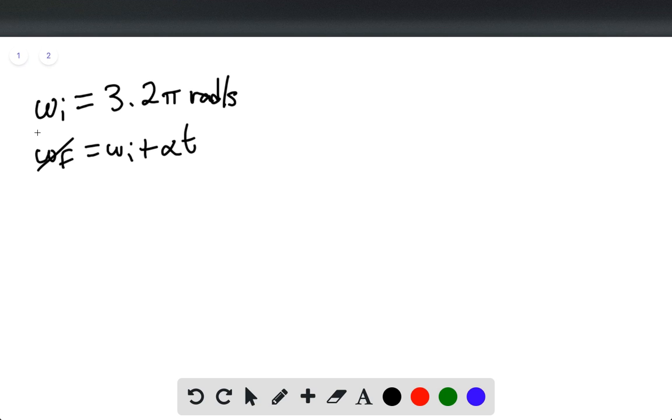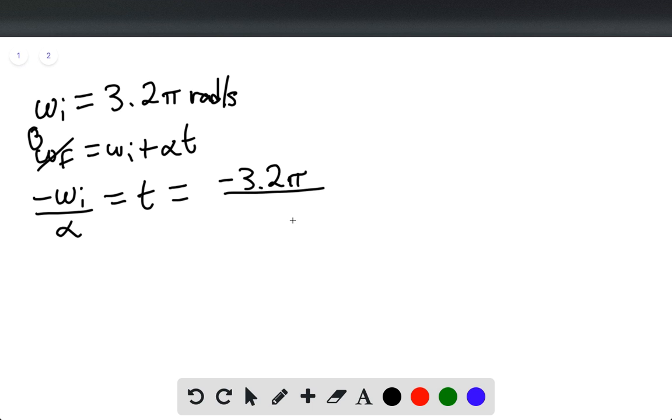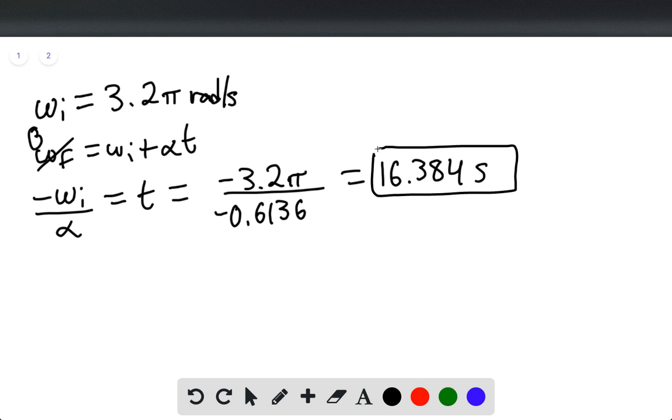So the final angular velocity is going to be 0. And then we have negative omega initial over alpha equals t. And this is going to be negative 3.2 pi all over negative 0.6136. And this is going to equal 16.384 seconds. So this would be your answer for part B.